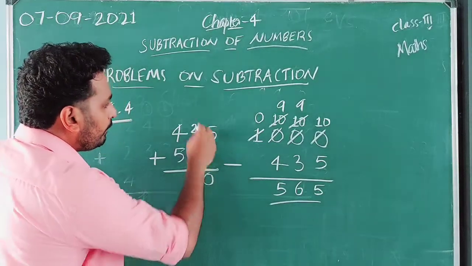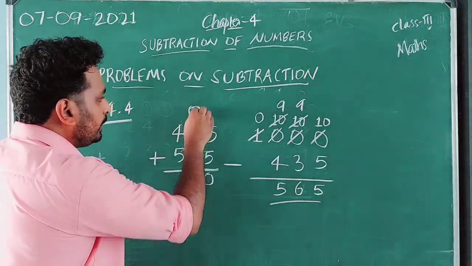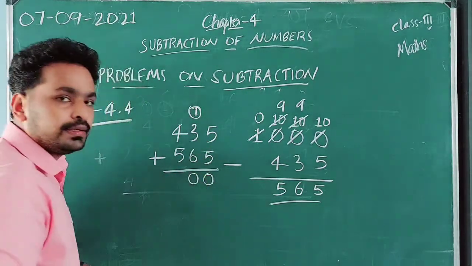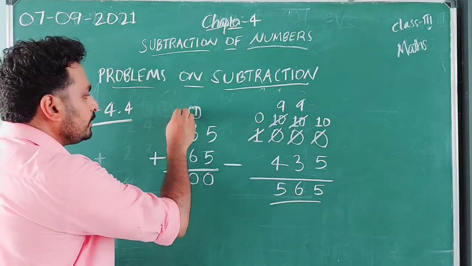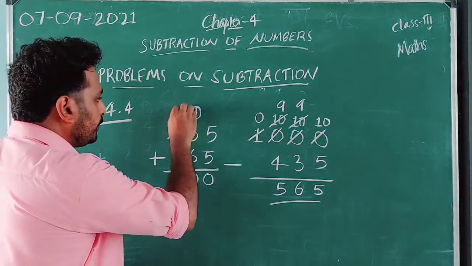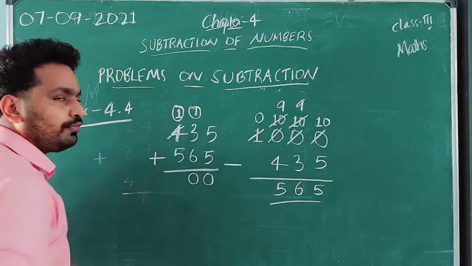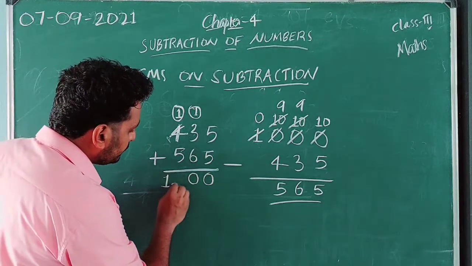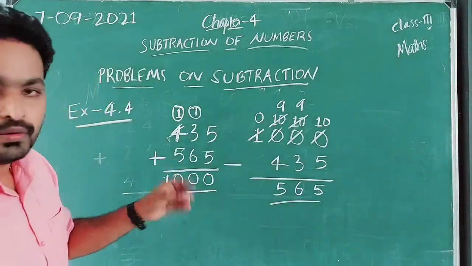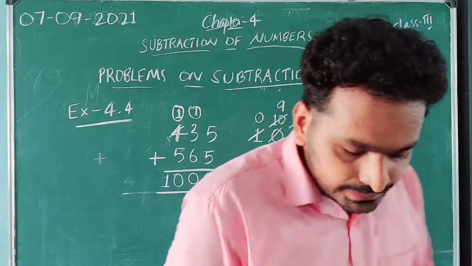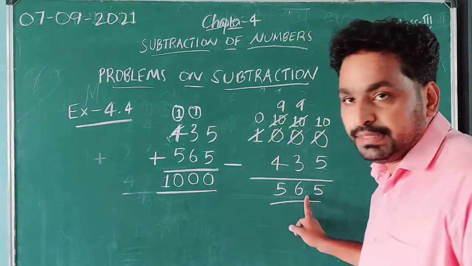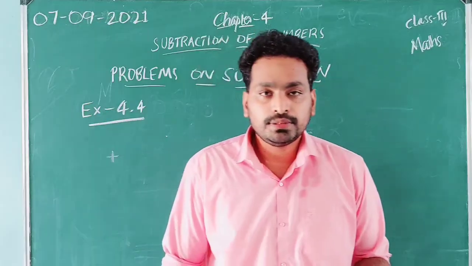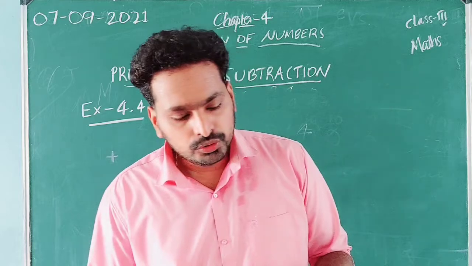Write 0 here. 1 is carried forward to the next column. 3 plus 1, 4. 4 plus 6 is 10. 1 is carried forward to the next. 4 plus 1, 5. 5 plus 5 is 10. Got it? So the answer is 565. Please take 565.